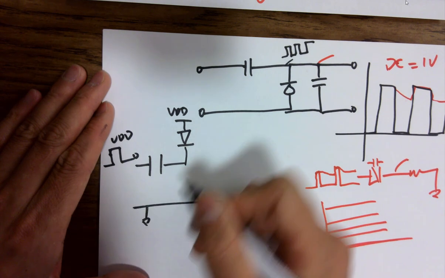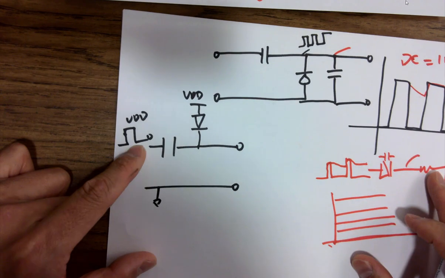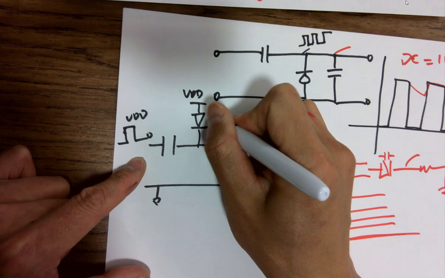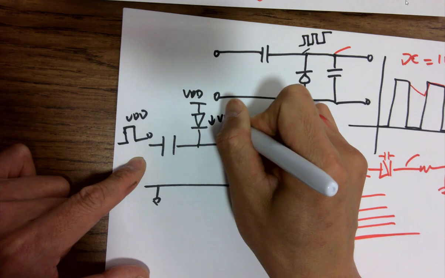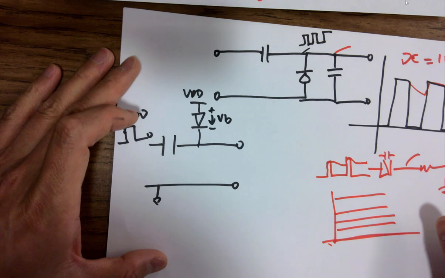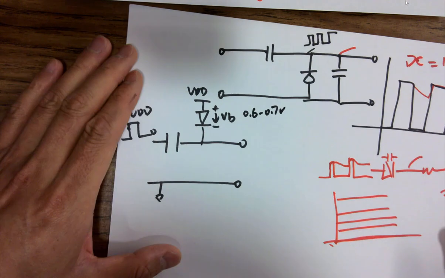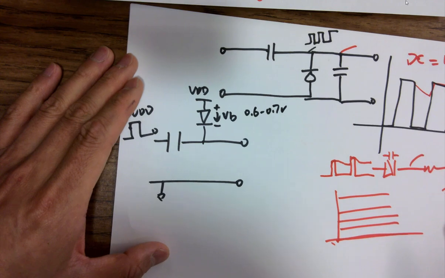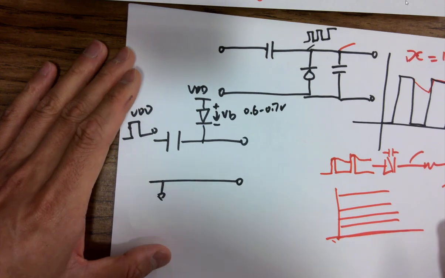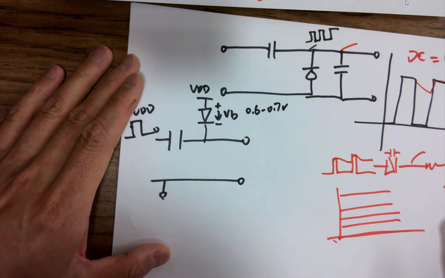That's ground. Here's the output, about 0 to VDD oscillation. And we consider there's a VB. It's a built-in potential voltage drop, usually 0.6 to 0.7 volts from the diode. It's just built-in voltage. It's a drop that comes with the diode. Okay.